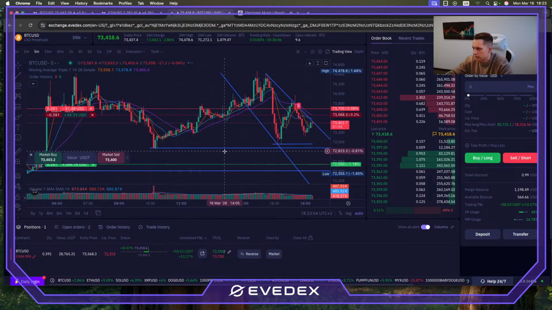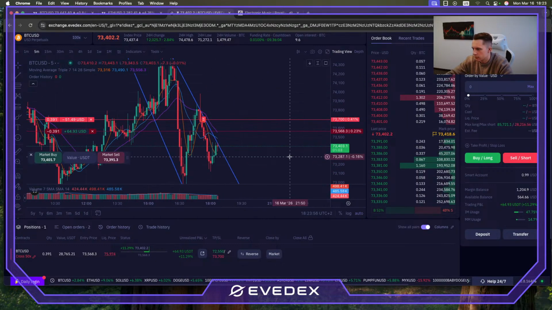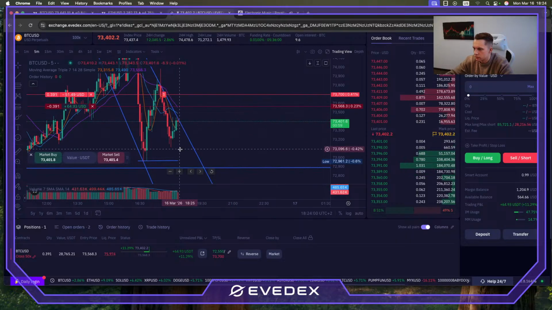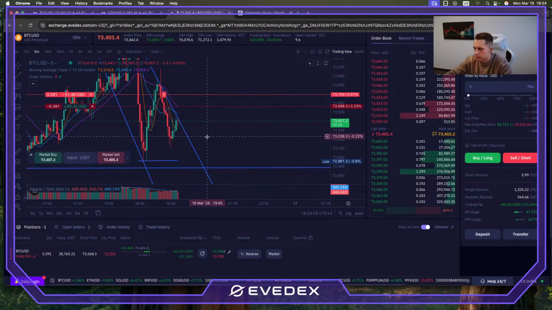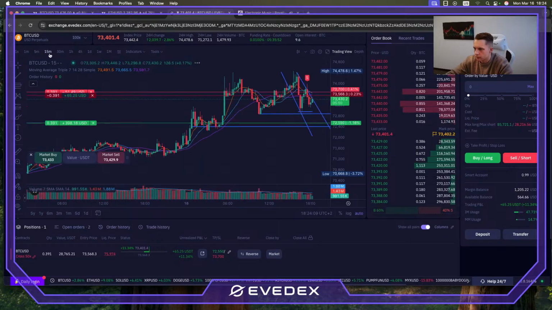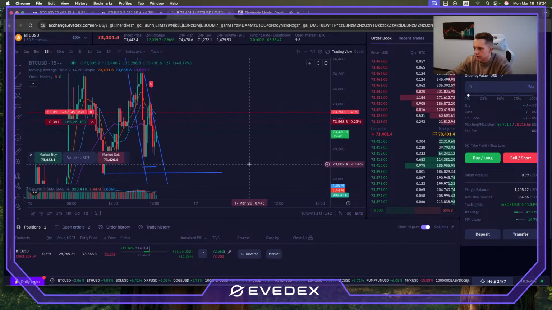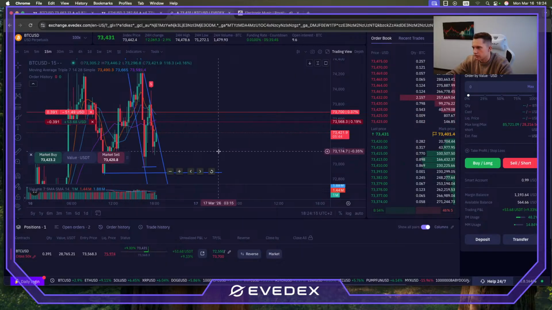And if we look at a 5 minute time frame, this is where price could now begin to continue with that downtrend. And as for a 15 minute window, that is kind of the same thing.